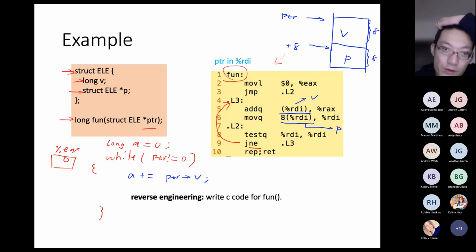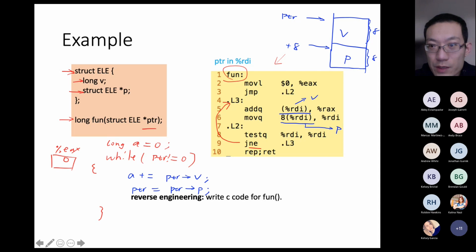We want to add the value of V to an accumulator A. In the second step, we want to update PTR to be the PTR's P. Those are the two lines we are trying to deal with. Any questions about this reverse engineering?